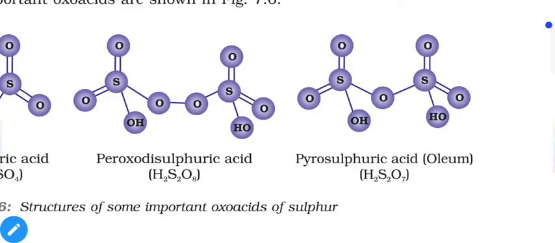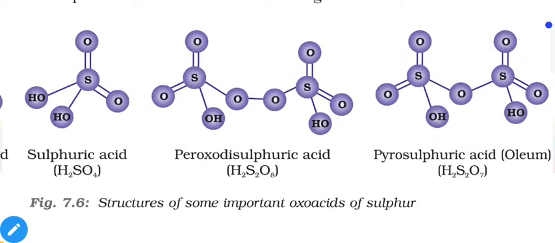That means it is almost a dimer-like molecule. If you compare it with the sulfuric acid molecule, the first figure is sulfuric acid and the last figure is pyrosulfuric acid. So both have the same type of structure.